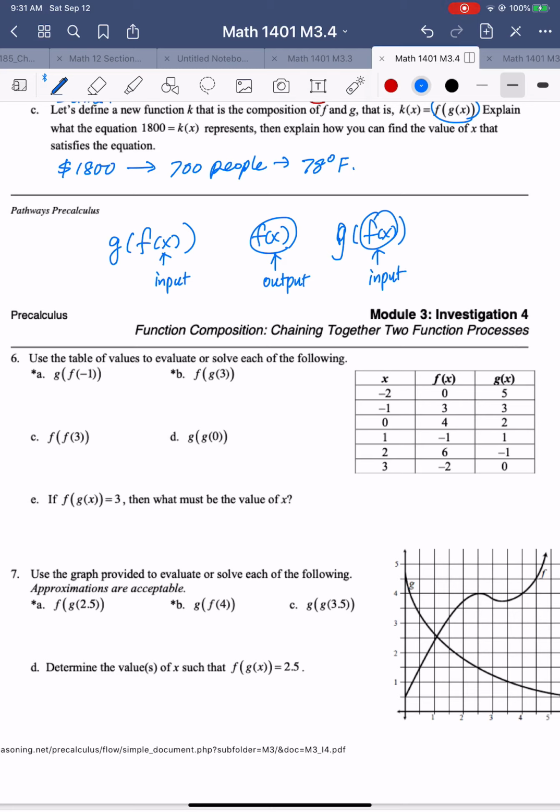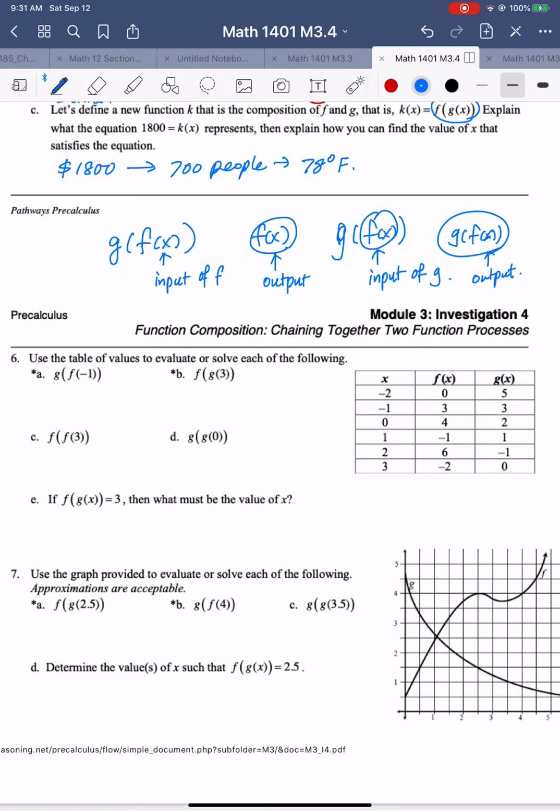So this is the input of f, and this is the output of the whole thing, which then becomes the input of g, and once you figure it out, it will be the output. And g of f of x, the whole thing, is about the output.